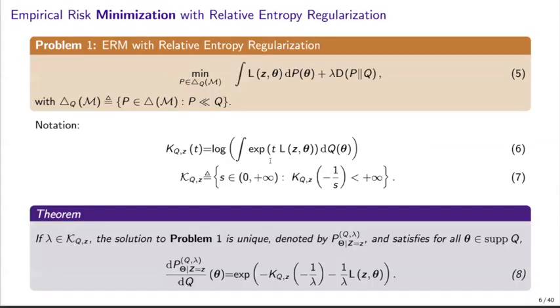All right, so let's focus on problem 1. What I have here in equation 6 is a function, parameterized by the reference Q and the dataset Z, and it is essentially the logarithm of the moment generating function of the empirical risk for a fixed Z, which is a parameter of the problem, when the models theta are chosen from the probability distribution Q. I am pointing out this function because we use it for the description of the solution of the problem.